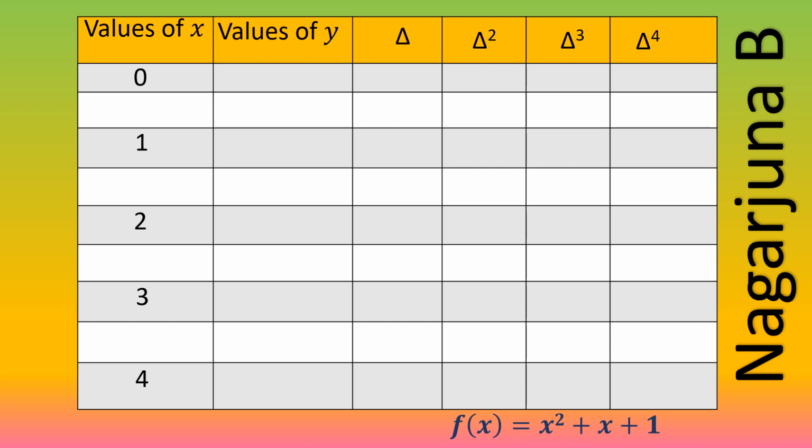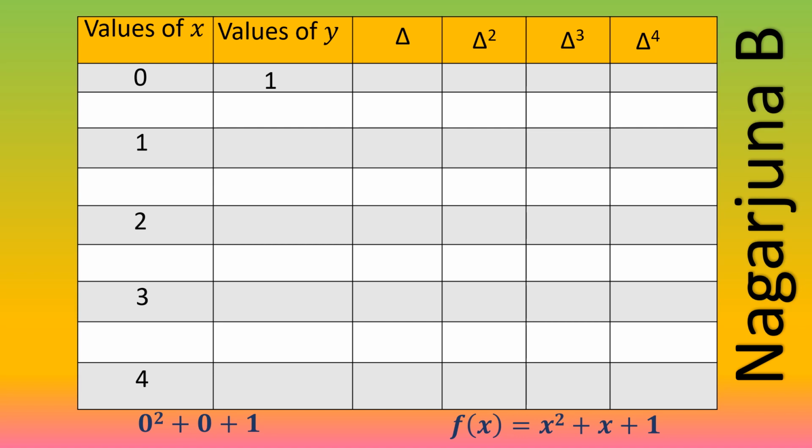Substituting the value of x in this, we get the corresponding value of y. First, when x is equal to 0, it will be 0 square plus 0 plus 1. 0 square is 0, 0 plus 0 is 0, 0 plus 1 is 1. So that is the value of y. So f of 0 is 1.